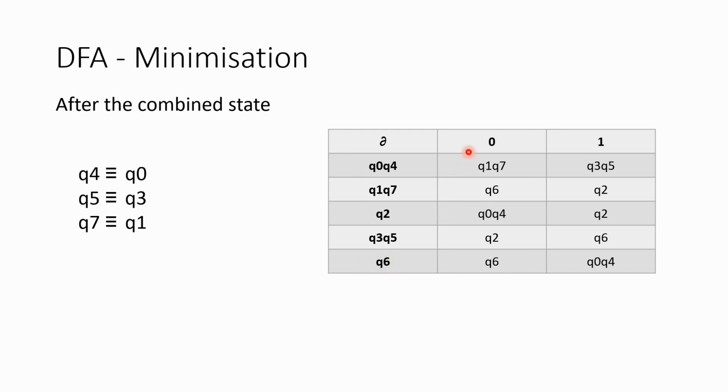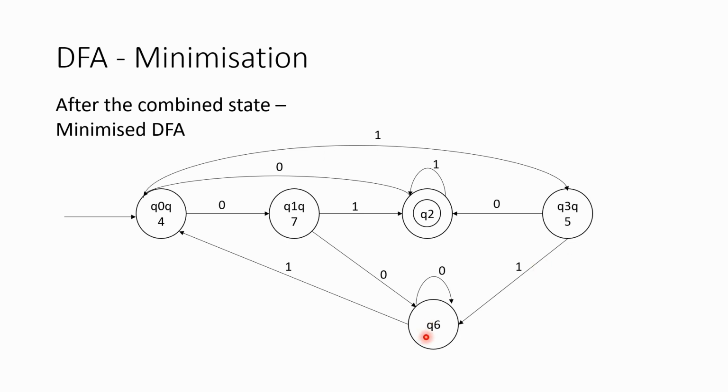For this state, on the input value 0, it goes to Q6, which is a self loop, and on the input value 1, it goes to Q0, Q4, which is drawn over here. Thus, the complex DFA, which consists of 8 states, is minimized to a DFA which consists of 5 states.